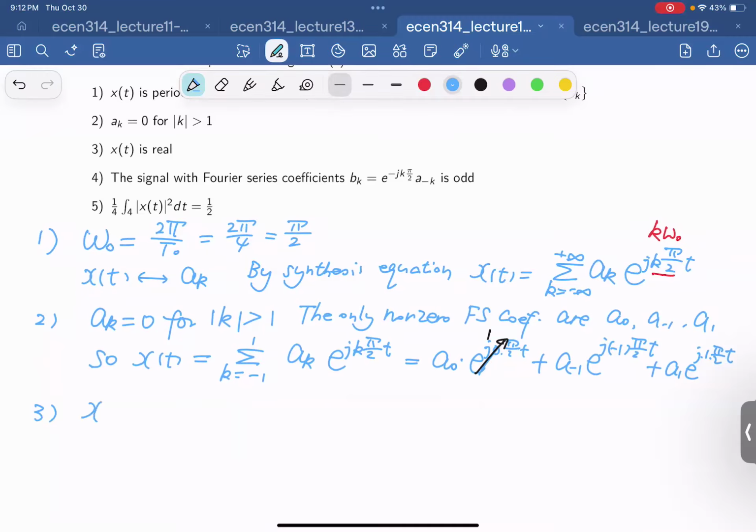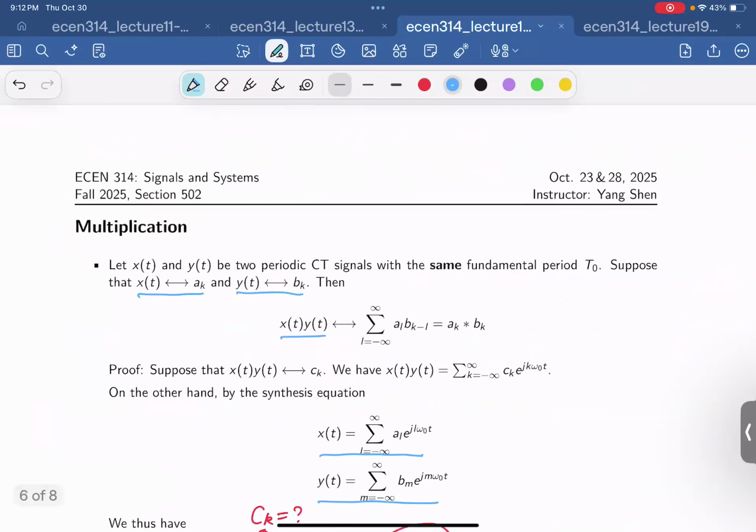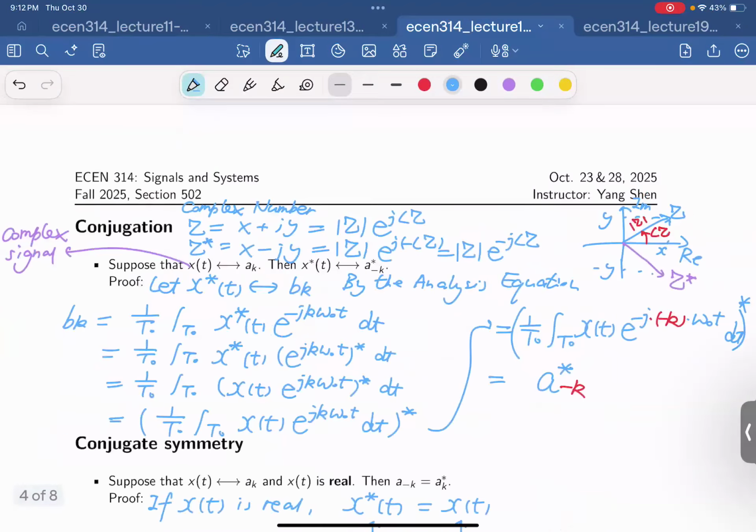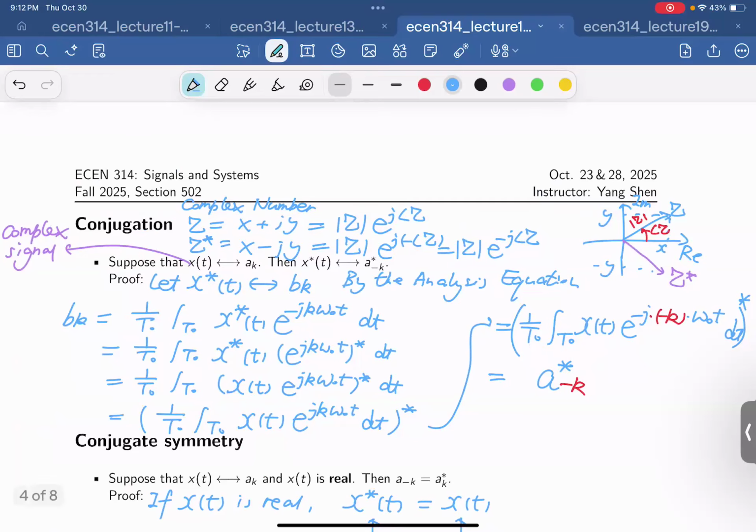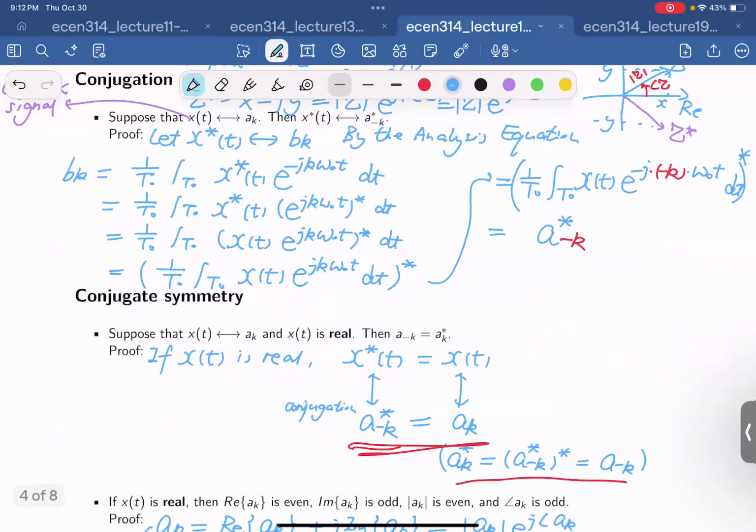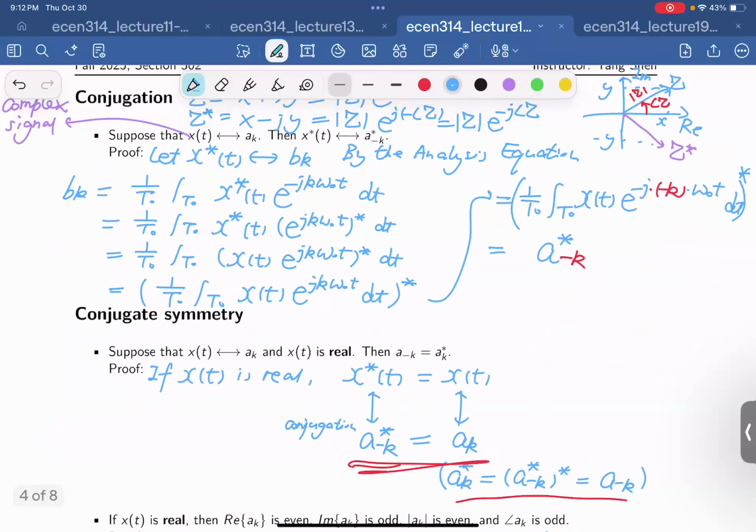Okay, now let's continue to the third clue. X of t is real. It's a real signal. Well, what do we know about real signals? Let's try to recollect our memory. If x of t is real, this is something we have learned, that a sub minus k is essentially the conjugate of a sub k.